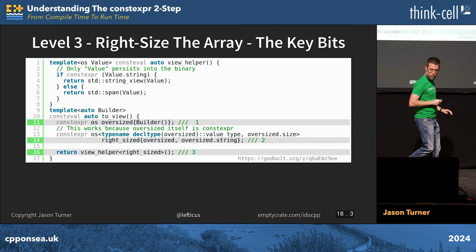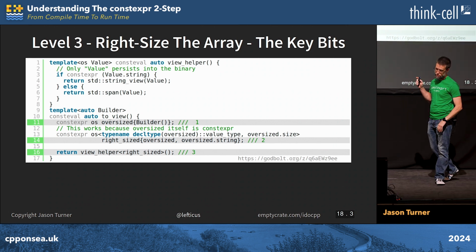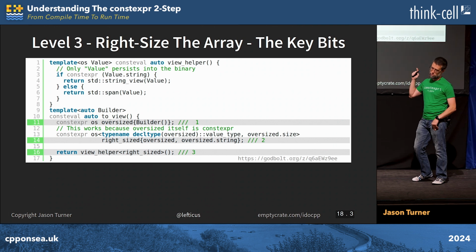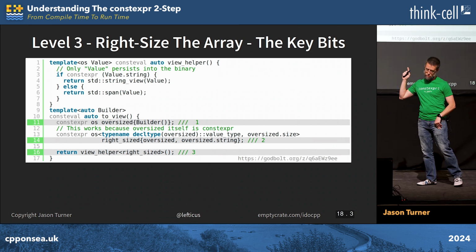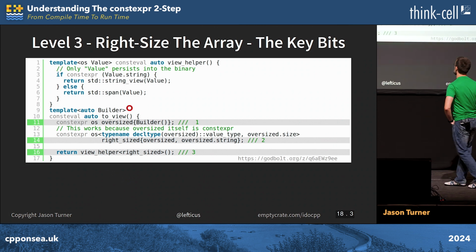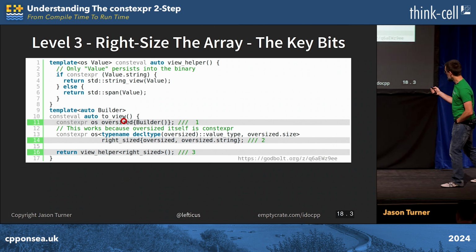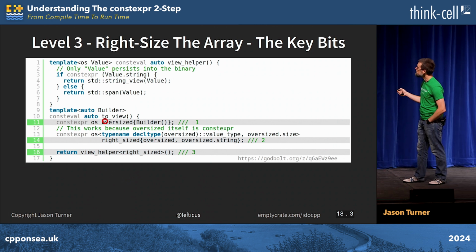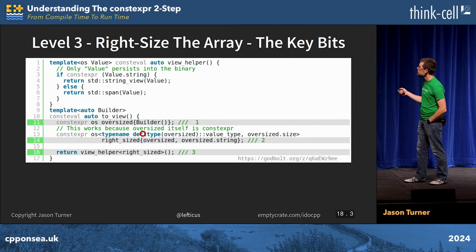My to-view takes the, okay, so I can make the constexpr oversized thing by calling the builder. We've already done that a dozen times. And then I just make another oversized thing, but now it is right-sized based on the compile-time known size of the oversized thing.